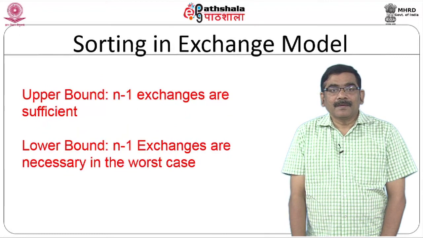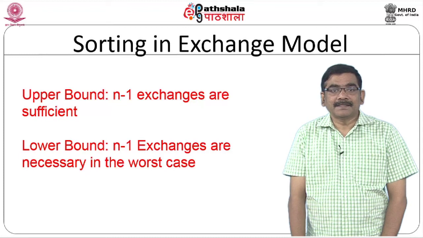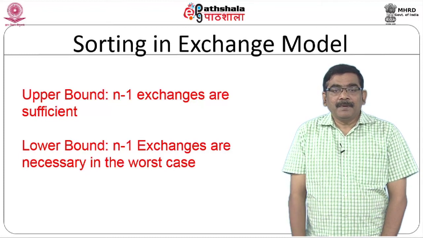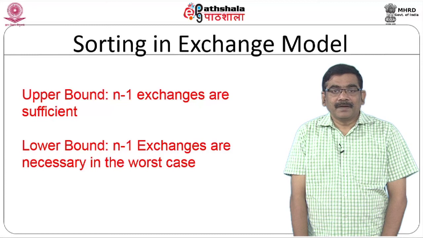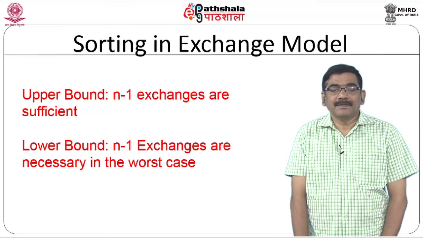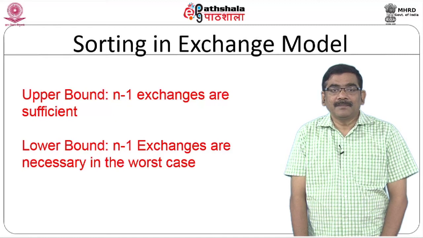So, if we have a sorting problem, then what is the lower bound and upper bound in the exchange model? Upper bound, you require at most n minus 1 exchanges. For example, if you are having a selection sort, in the first phase the smallest number is obtained and put in the place where it belongs.